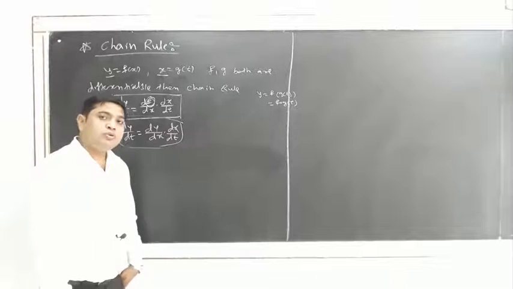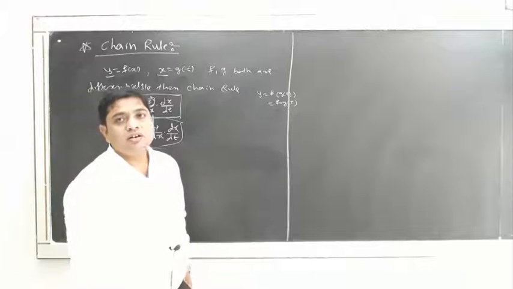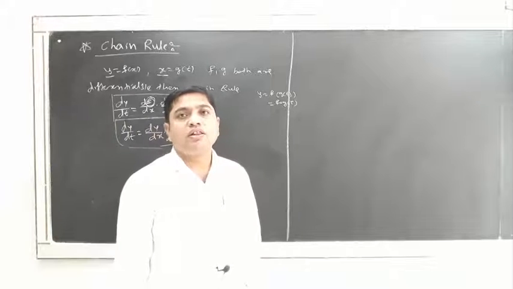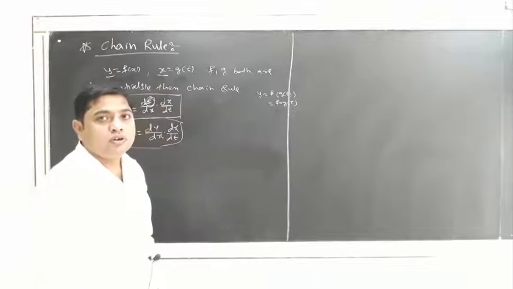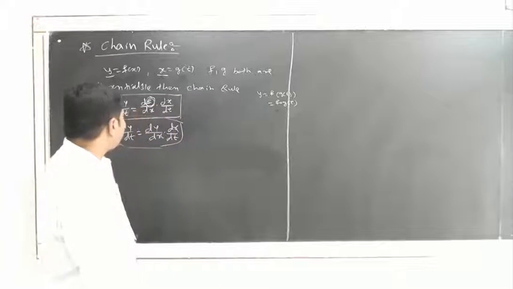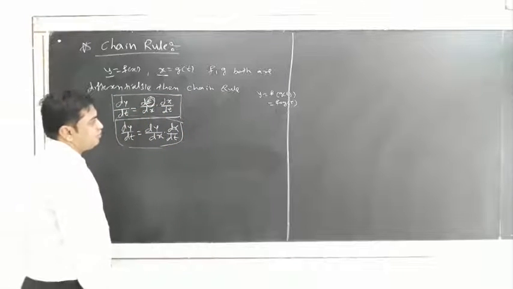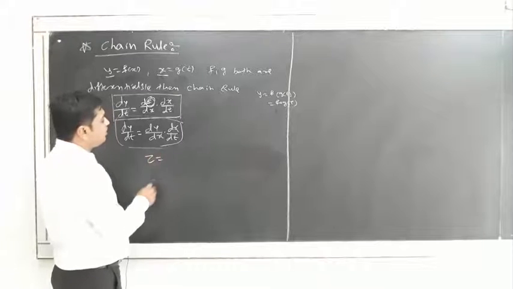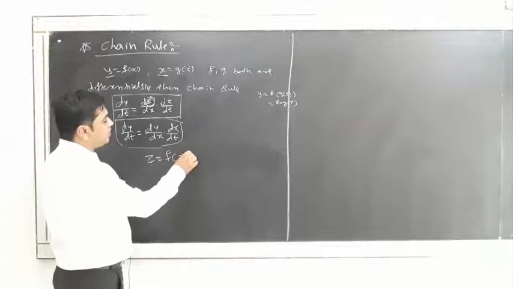Now we see the similar chain rule for functions of two or more variables. There are several chain rules, because suppose z is a function of two variables.